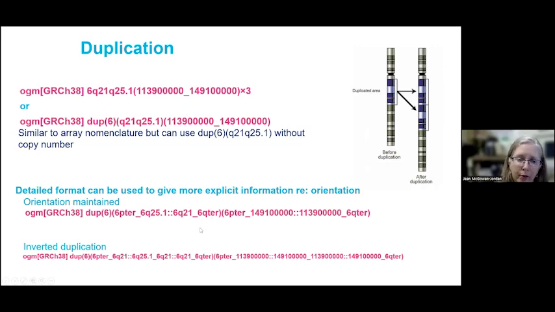Now, of course, if you have an inverted duplication, it gets more complicated, but it's the same principle. You can draw out the duplicated 6 chromosome by using this detailed format, and in that way make it clear that the material has been duplicated, but it's in an inverted orientation relative to P-ter to Q-ter.